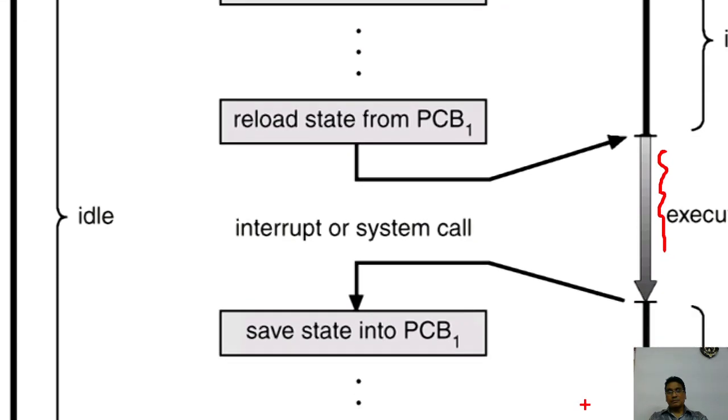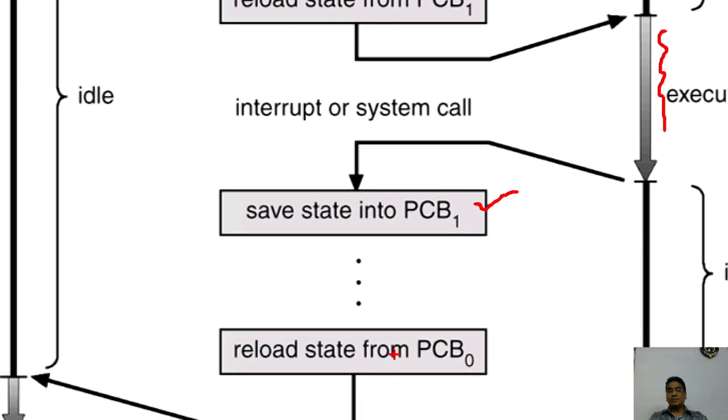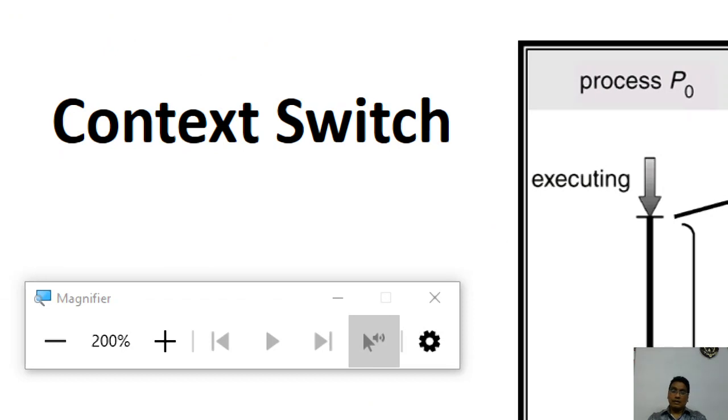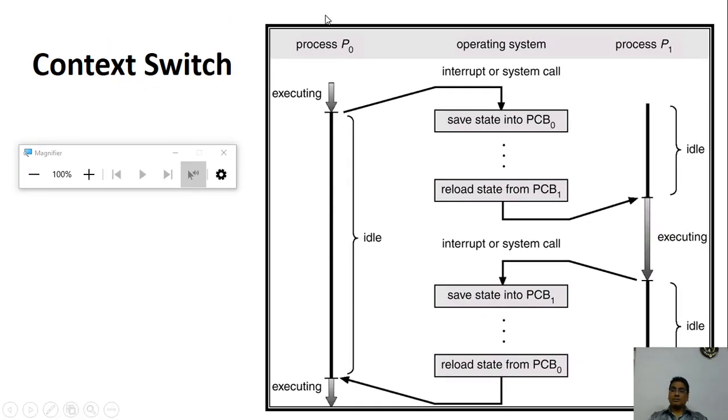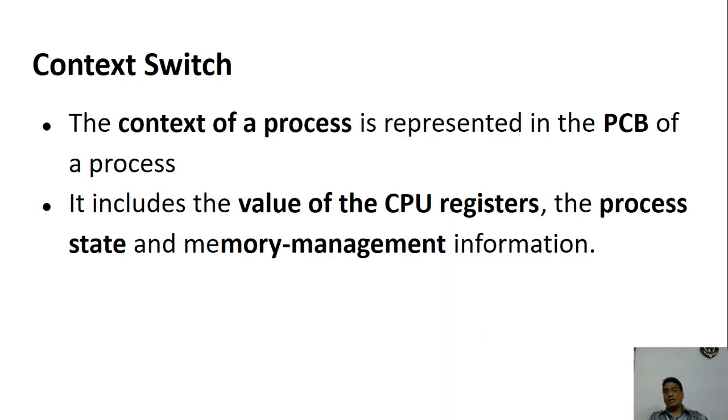Once something happens, P1 state is saved and something else is loaded and it continues. So this is how it really works. You save the state of one of the processes, load the other state, execute it. Again, if you want to switch, save the state of this one, load the state of the other.